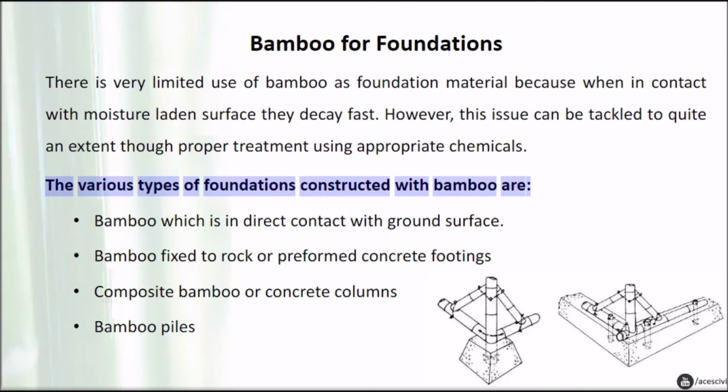The various types of foundations constructed with bamboo are: bamboo which is in direct contact with the ground surface, bamboo fixed to rock or preformed concrete footings, composite bamboo or concrete columns, and bamboo piles.